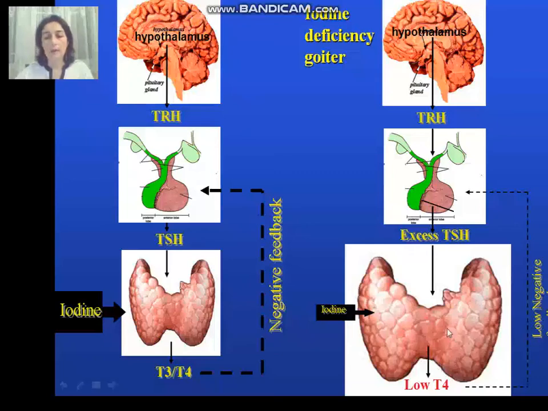So low TH will have low negative feedback, so it will continuously stimulate the hypophysis to produce excess of TSH, and it will lead to hypertrophy of the thyroid gland. So we have goiter, increasing the size of the thyroid gland.